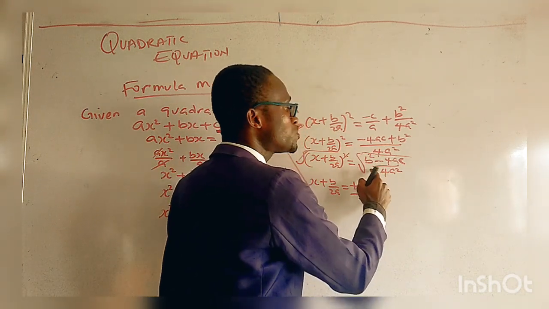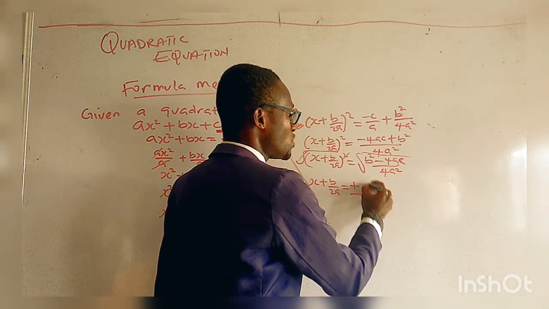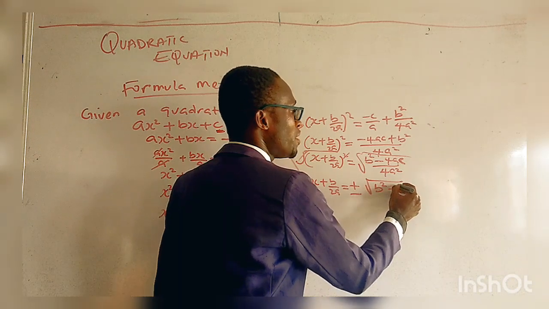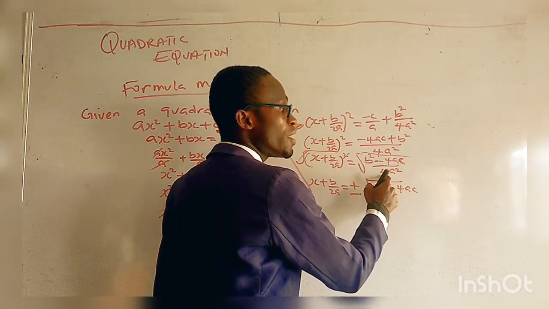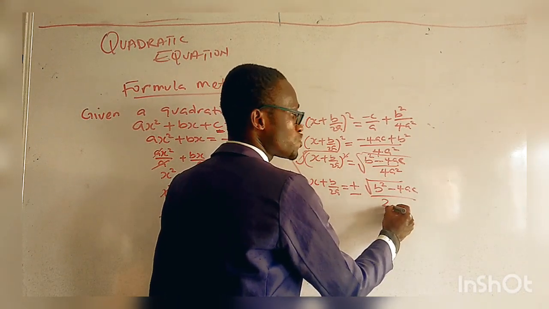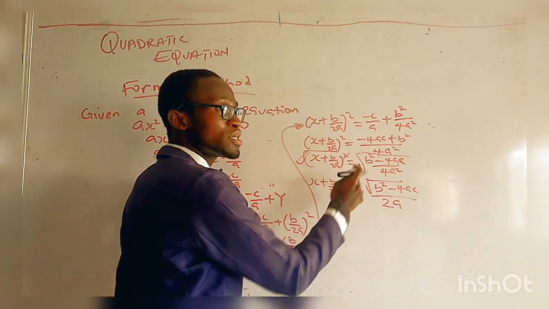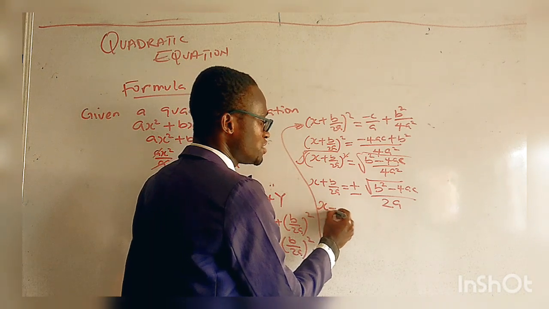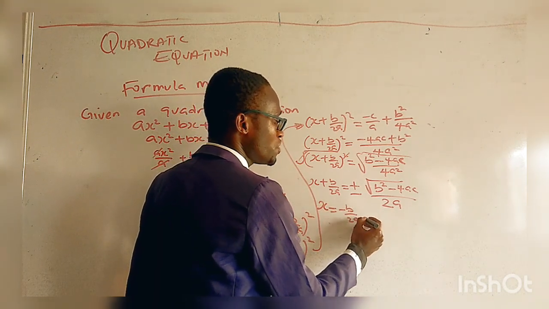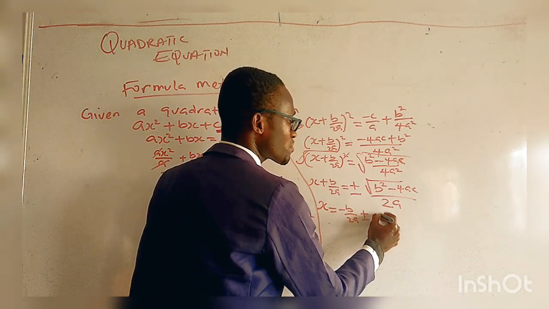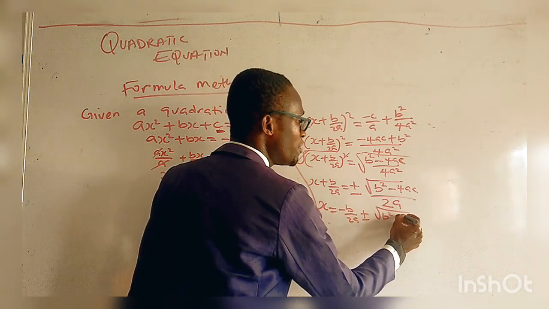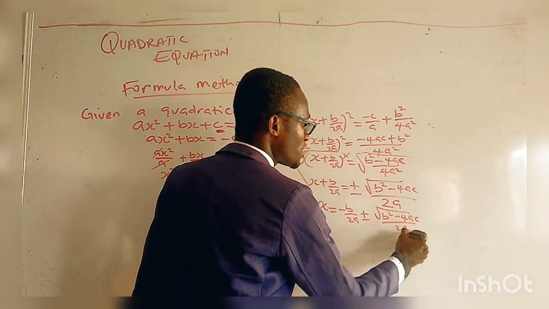Now, the square root of this will give us the square root of b squared minus 4ac. The square root of 4 is 2, and the square root of a squared is a. Now we take this to the other side. We now have x equals minus b over 2a plus or minus the square root of b squared minus 4ac all over 2a.